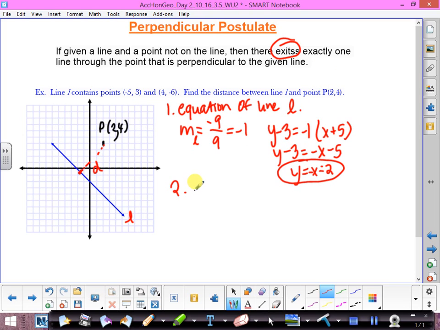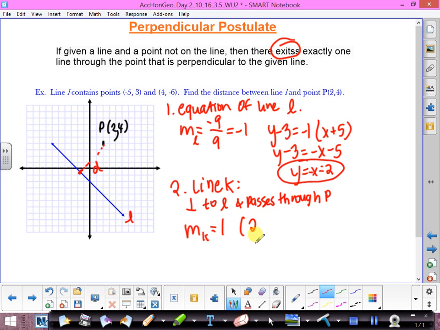Let's call it line K. So it's going to be perpendicular to L and passes through P. We know the slope of L is negative 1, so the slope of K should be perpendicular to L, so that would be positive 1. And then we know the point P is 2, 4. So I'm going to use both of those to write this equation.